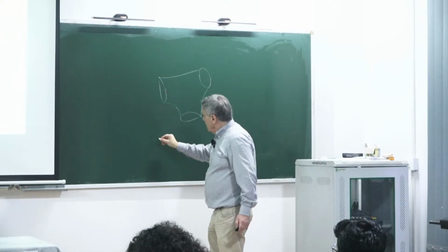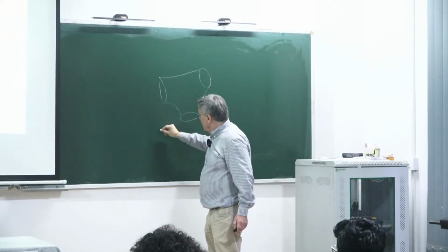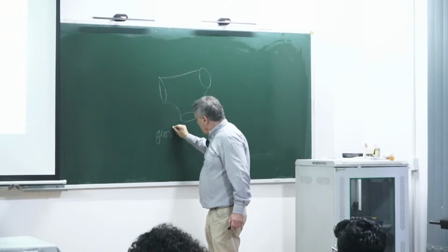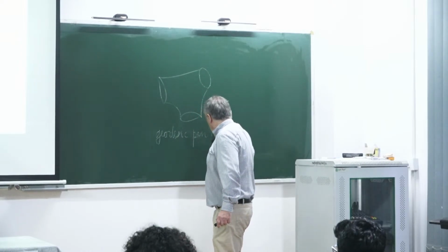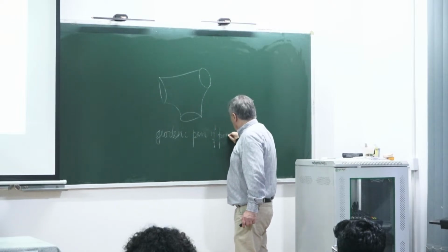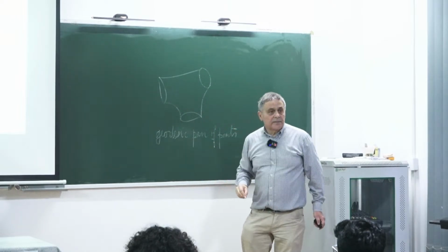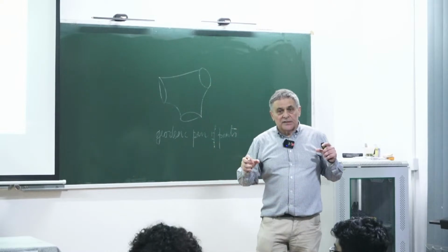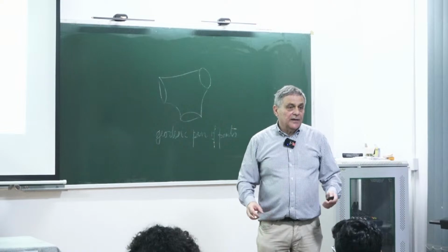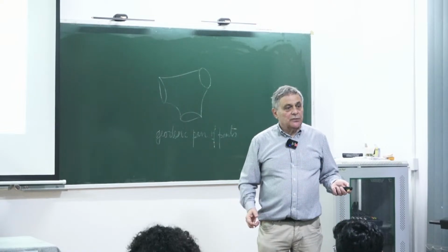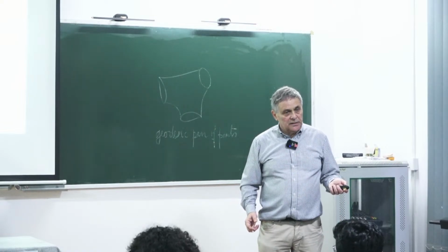Suppose I have this geodesic pair of pants, that is, a pair of pants with geodesic boundary components. I know that I have different shapes of geodesic pairs of pants.